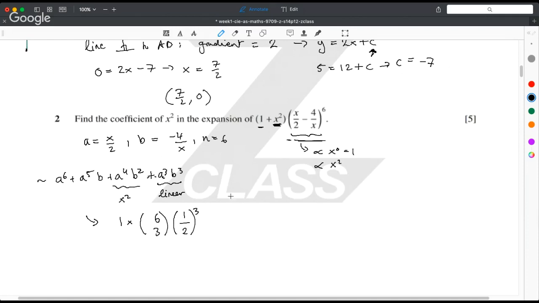And I'm dropping the x squareds because they don't matter for working out the coefficients here. Times minus 4 cubed plus this x squared is going to multiply 6 choose 2 times 1/2 to the 4th times minus 4 squared. And you can just stick this into your calculator and get the answer.